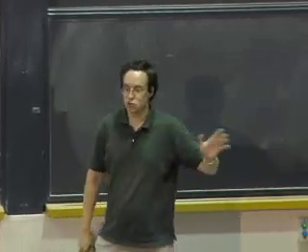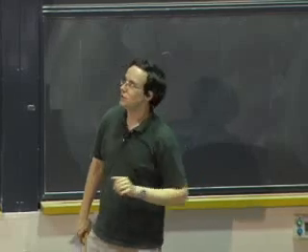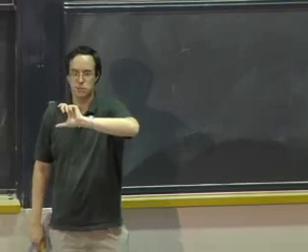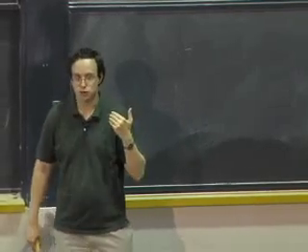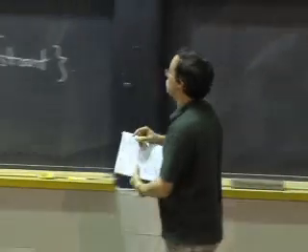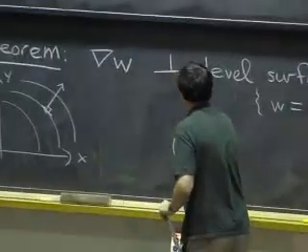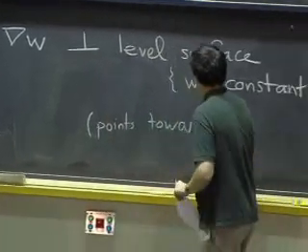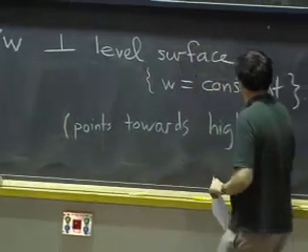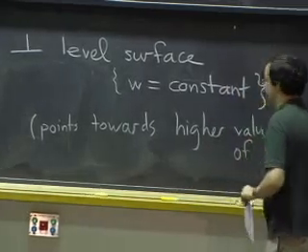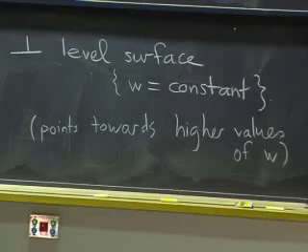We'll see the answer to that in a few minutes, but let me just tell you immediately, to decide which side it's pointing to, it's always pointing towards higher values of w. We'll see that maybe in about half an hour. Any other questions?